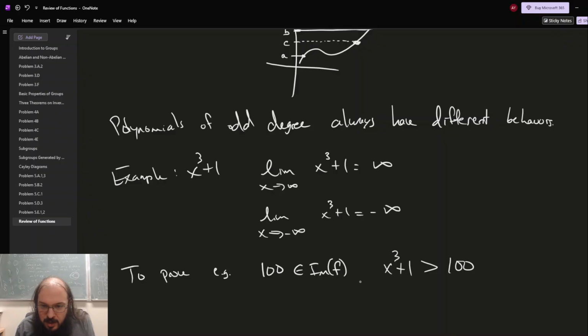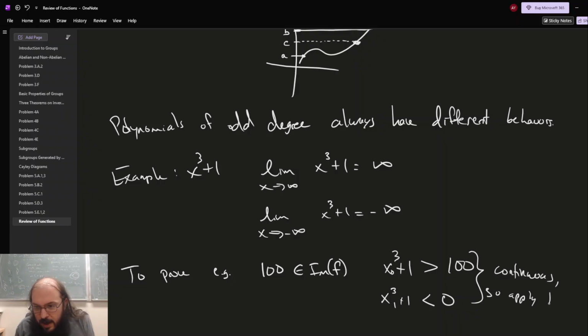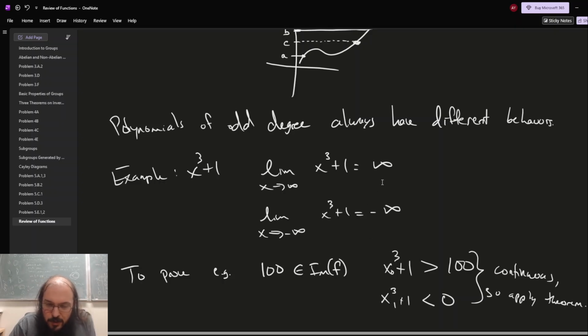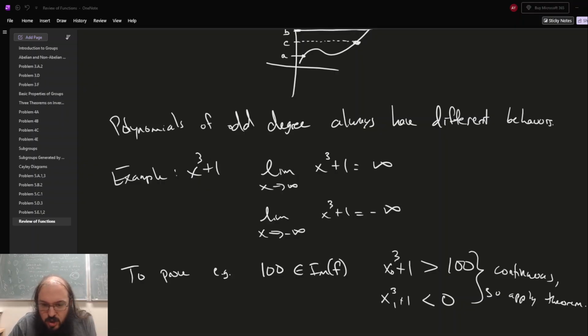And then I find some other number, x1, with x cubed plus 1 negative, right? Just plug in a negative number. And then since every polynomial is continuous, you just apply the theorem. You agree that I just made up the number 100. It doesn't actually have any significance. This works for every number. And so this uses calculus to prove that all polynomials of odd degree are surjective.